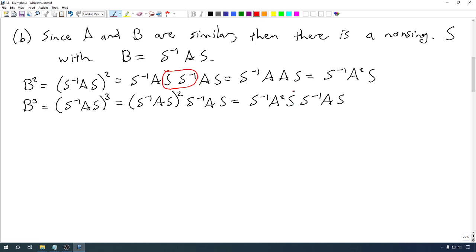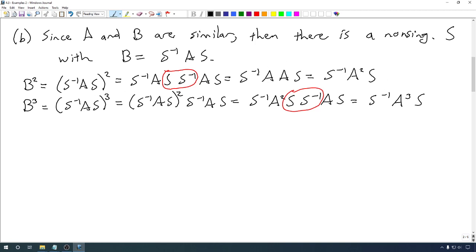Of course, we again have this S times S inverse. So that again goes away. We'll have an A squared next to an A. And so we can immediately write that out as S inverse A cubed S. So we definitely see a pattern here.